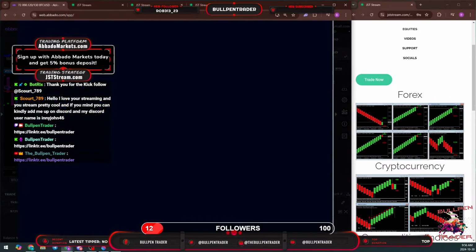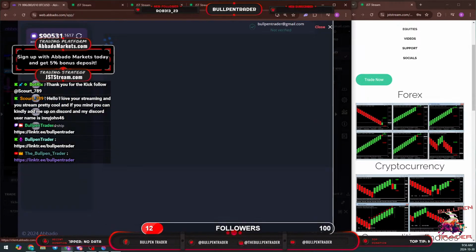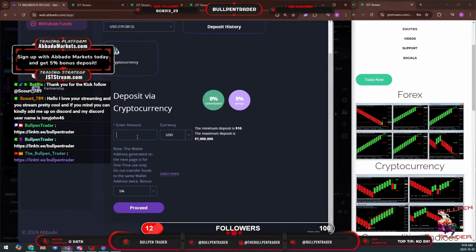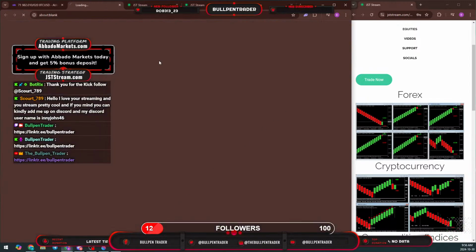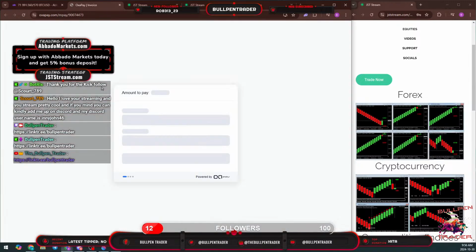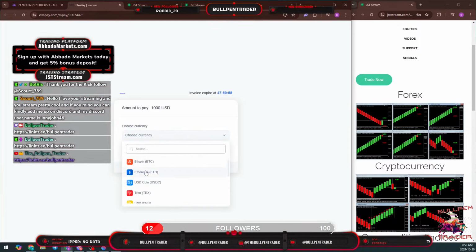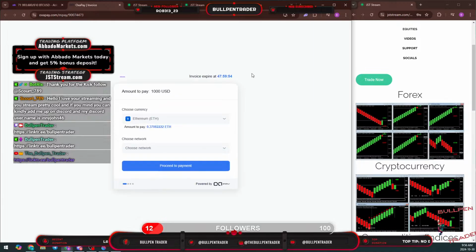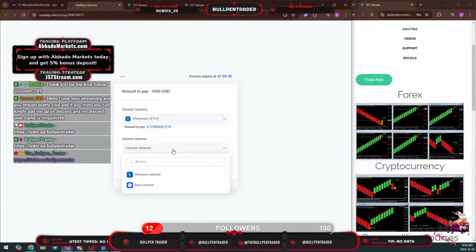All you do is you go to the personal area. You go deposit. You go crypto. Let's say you do 1,000. 5% bonus is what you get. You click deposit and select whatever you are sending. Let's say you're keeping it simple: you're just going to buy Ethereum and send Ethereum. It's going to tell you how much you have to pay.